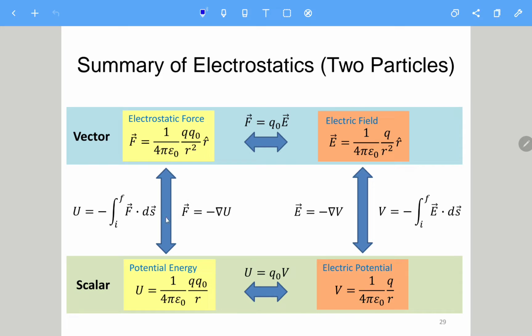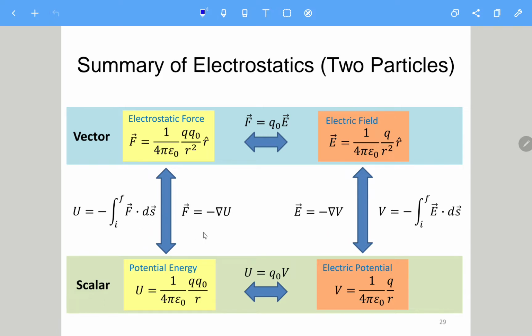So when we consider vertically, this is the force, this is the potential. In mechanics, you should know that if you would like to know the potential energy or the work, you integrate the force over the path like this.